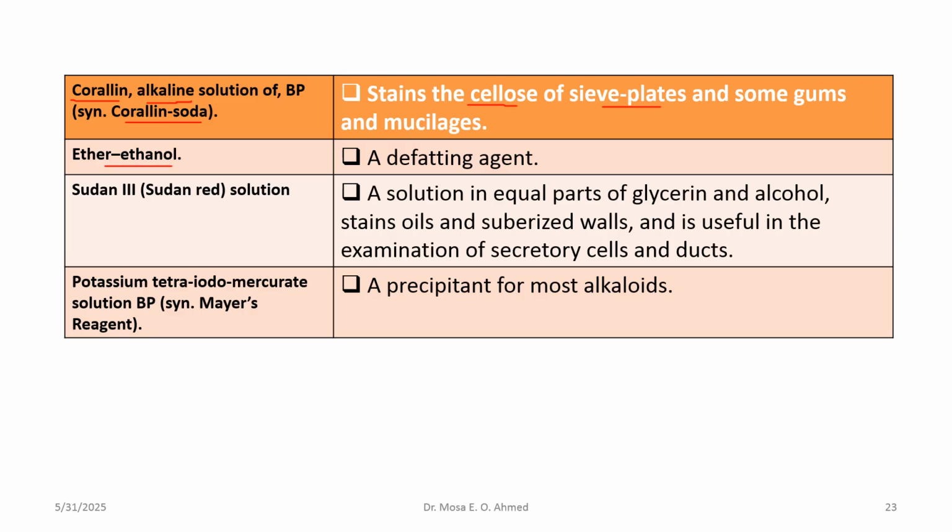Ether is another reagent, useful as a defatting agent, can be used as a clearing agent to remove fat from the sample. Sudan III or Sudan Red is a useful reagent to stain a sample for the presence of oil, تحديدا fixed oil and essential oil mainly.